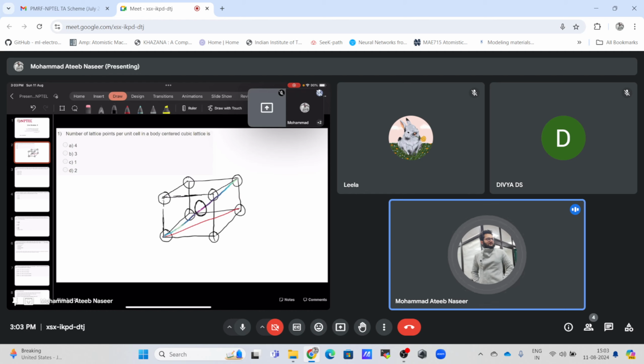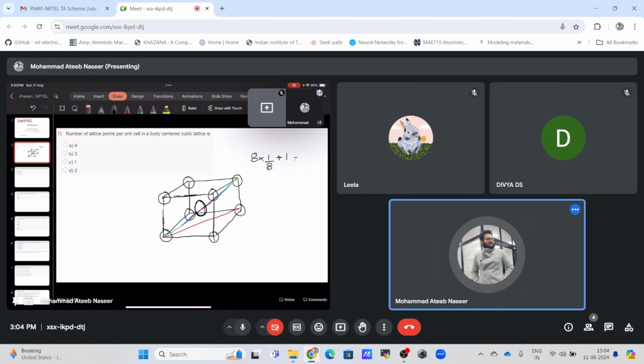So in total we will be having this one atom whole which contributes to the unit cell, and we will be having these 8 atoms lying at the 8 corners, which are being shared between 8 unit cells. So we will be having 8 into 1 by 8 plus 1.